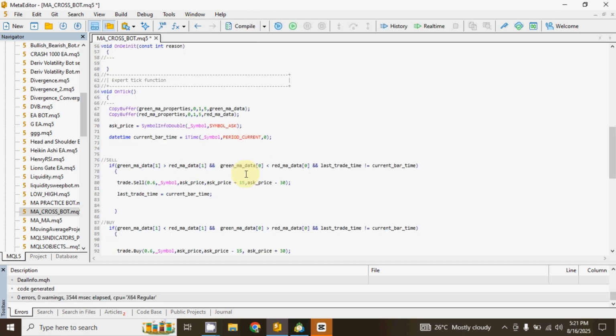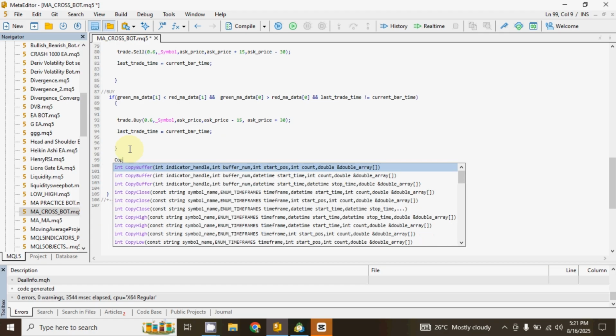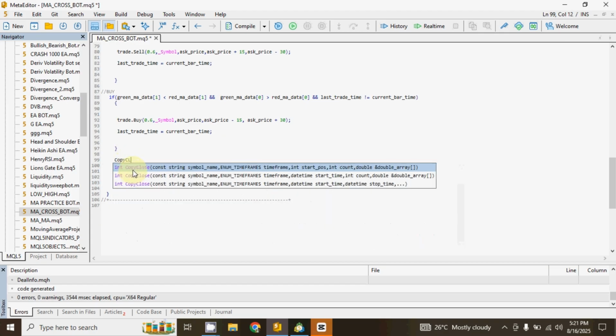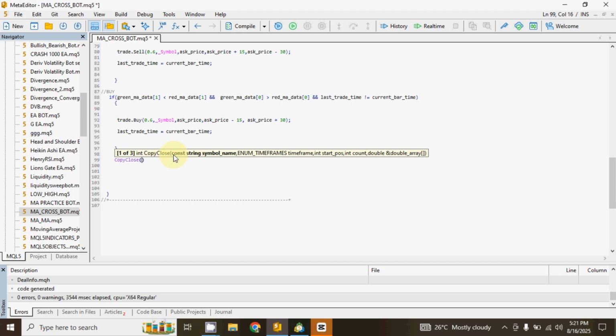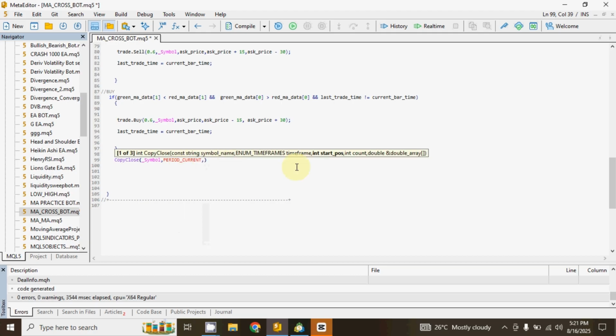The next thing we have to do is to copy the candle data. So let's copy the close price of the candle. CopyClose. The first parameter is the symbol. We are going to use _Symbol, which means the current symbol on the chart. Add a comma. Let's use PERIOD_CURRENT. Add a comma. Let's start from index 1, which is the second bar on the chart and not the current ticking one.